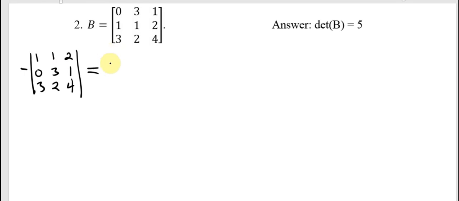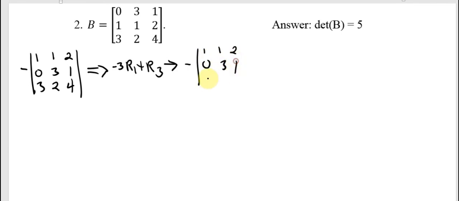We do that by simply saying negative 3 times row 1 plus row 3. That negative stays out in the front. This is 1, 1, 2, 0, 3, 1. This is 0. Negative 3 and 2. Negative 1. Negative 6 and 4. Negative 2. Alright. Very good.